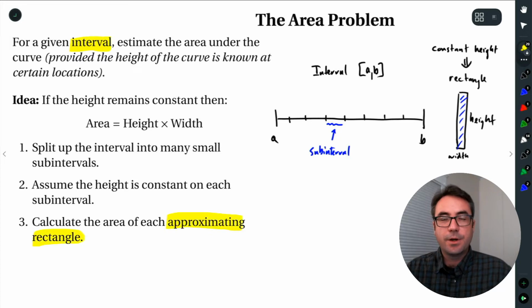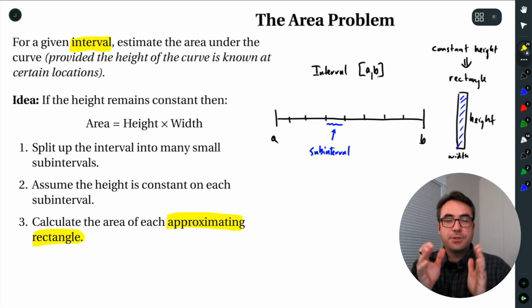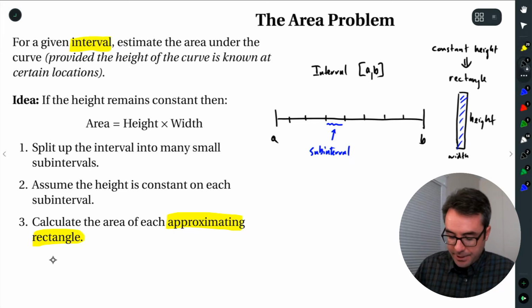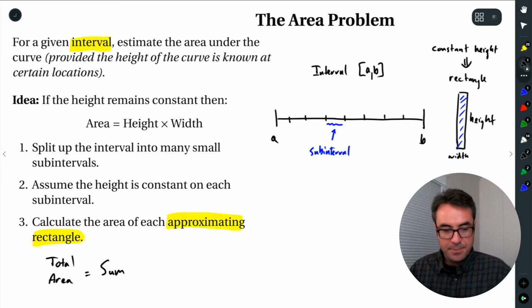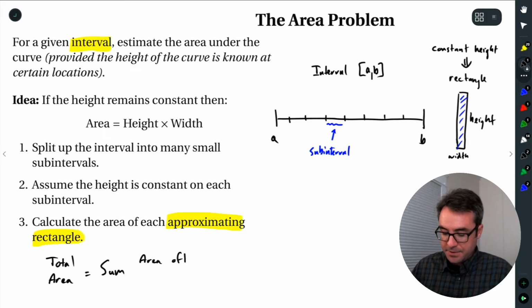So we're going to effectively turn the region under the curve into a whole bunch of these tiny rectangles. And then to get the total area, we're just going to add them all together. It's going to be a big sum, the area of all these approximating rectangles.